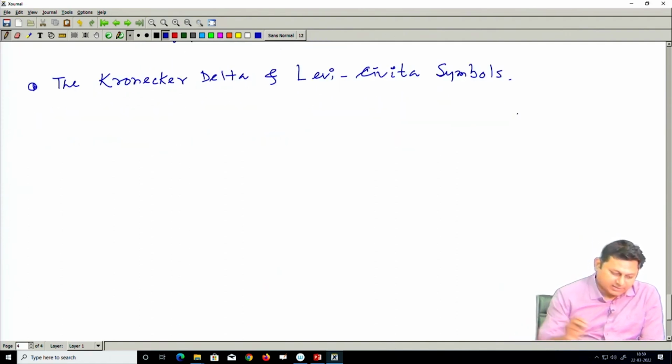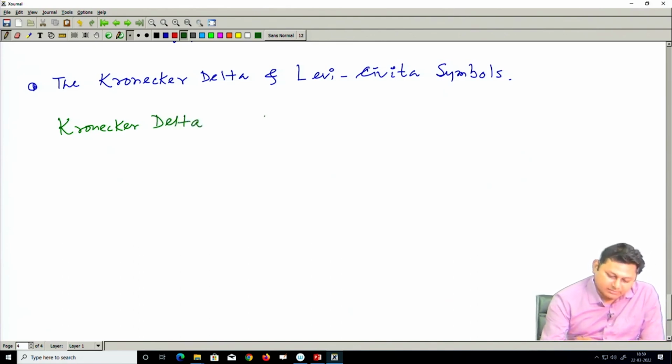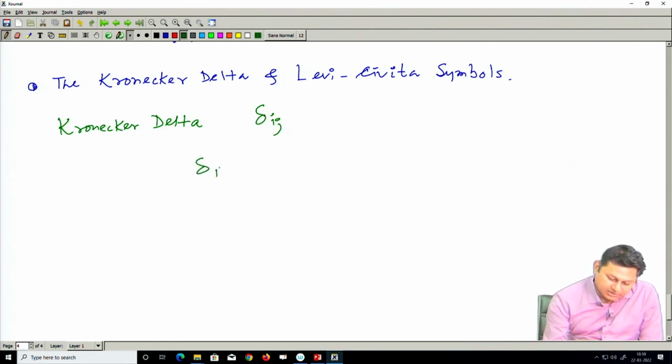So, let us understand what this Kronecker delta is. I already mentioned in the first class that this is my Kronecker delta, delta_ij. What is the property?